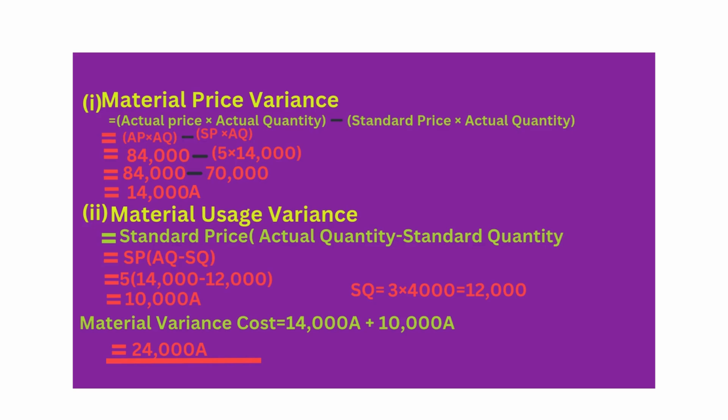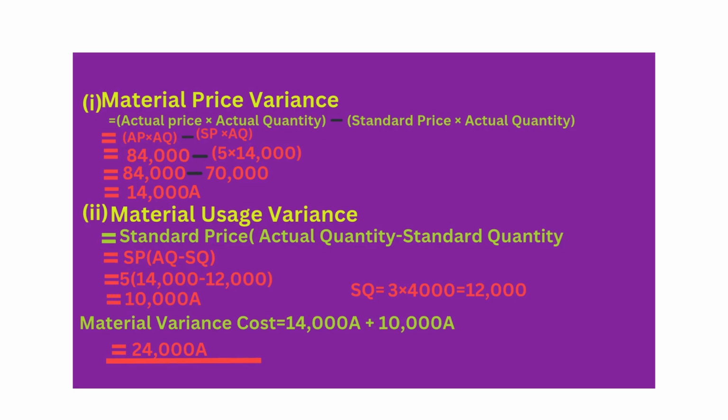So standard quantity, as I've done on the side, is equal to 3 multiplied by 4,000. 3 kgs is the standard quantity per unit that we have, multiplied by the total units which were produced, 4,000.